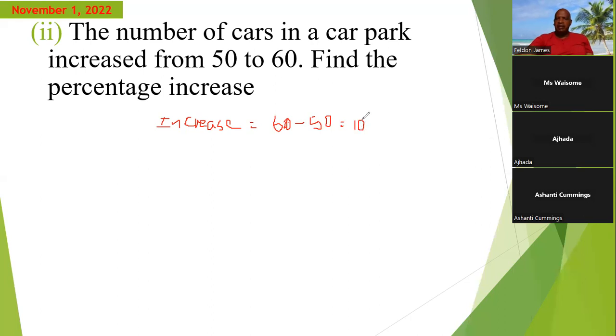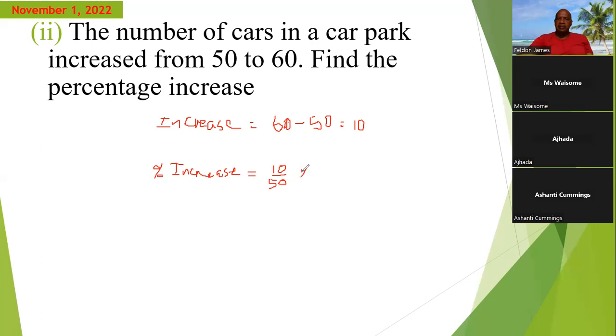Then I find the percentage increase, which would have been 10 over 50. So now the percentage increase, notice that I'm putting the percentage symbol beside the increase, is equal to 10 over 50 times 100 over 1.